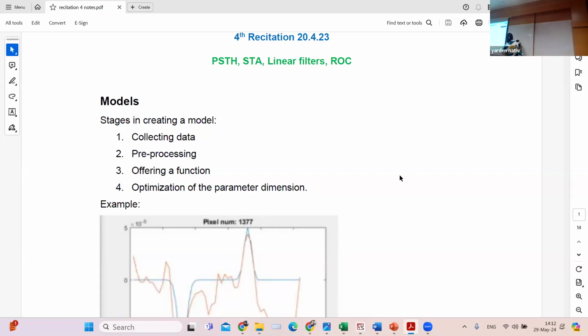So if the microsaccade starts over here, the response begins to decrease before the microsaccade, and then there is an increase in activity. And this biphasic modulation is the thing that I want to report about.